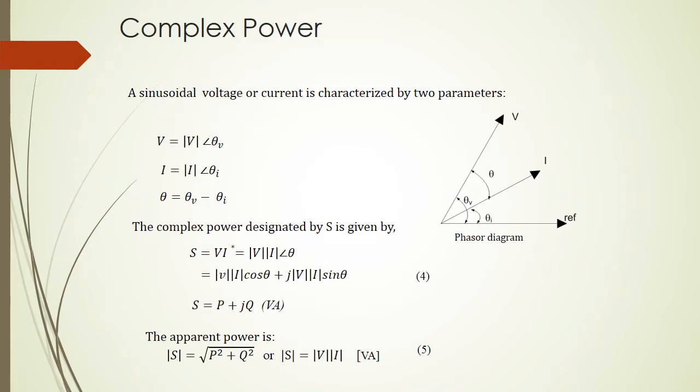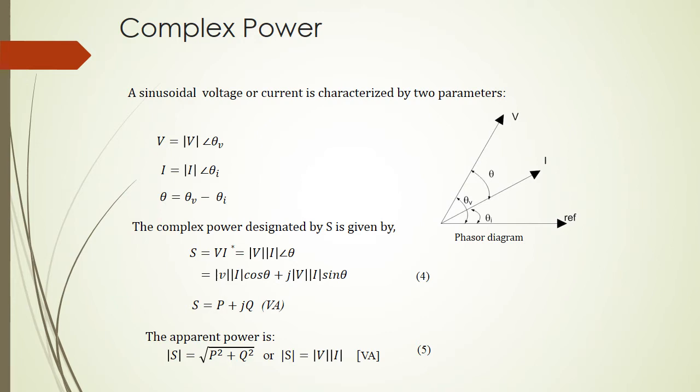So instead of multiplying things like that, we simplify things using complex numbers. So the complex power, or S, is given by this expression, V I conjugate. Notice that V and I here are complex numbers. So instead of using instantaneous values, we use complex numbers.